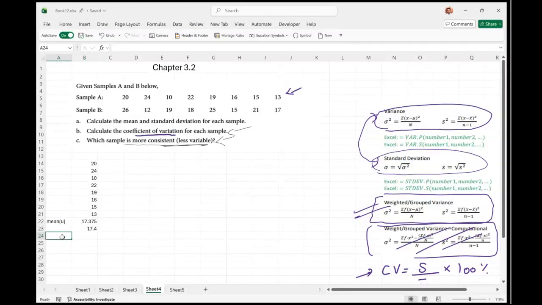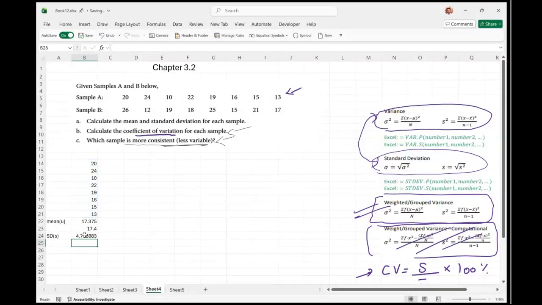All right, now the standard deviation, and this is a sample, so I can call it the sample standard deviation, also represented by S. So S, I will write it here, and now equal to standard deviation of sample, enter.